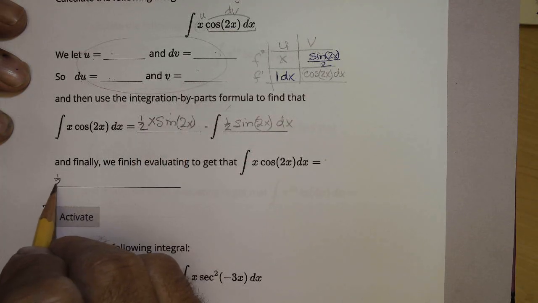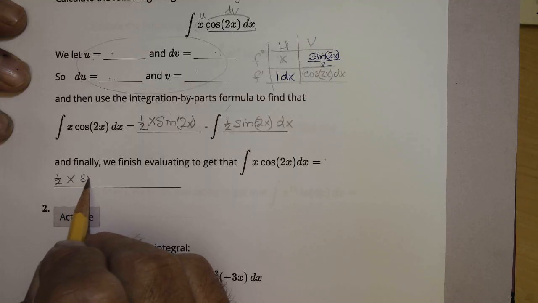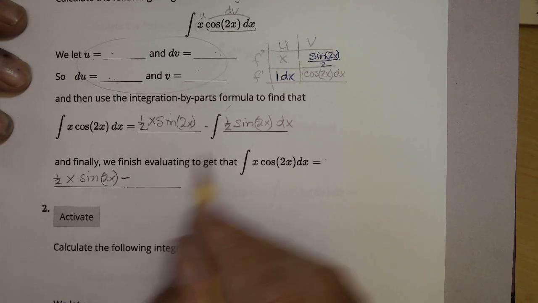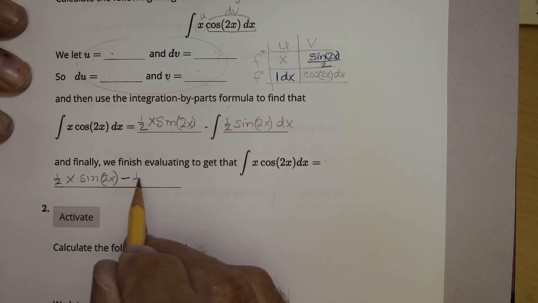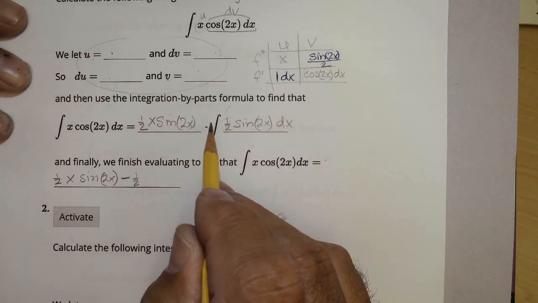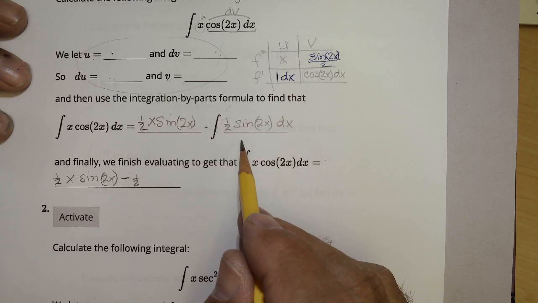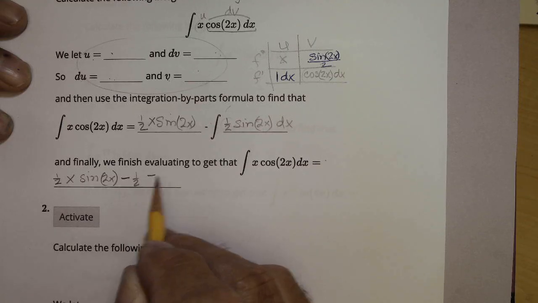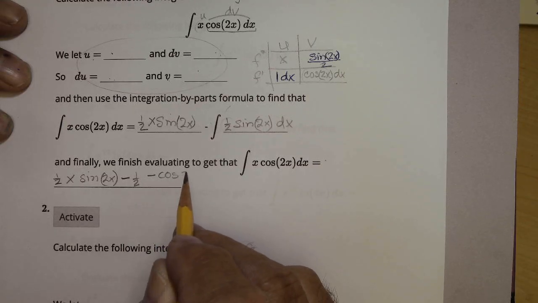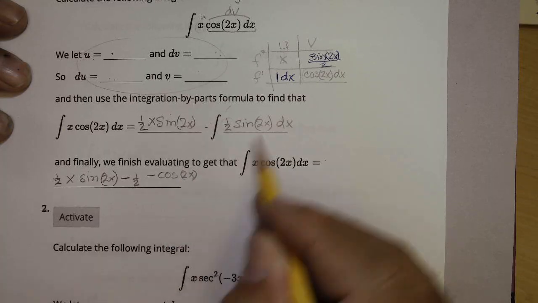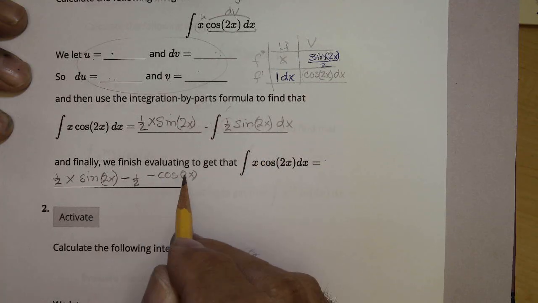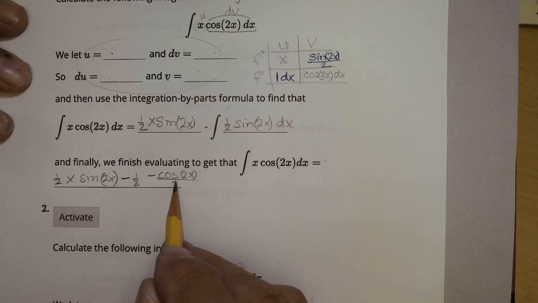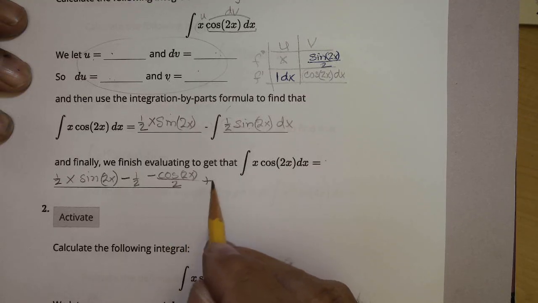We get 1/2 x sine of 2x minus, we're going to get a 1/2 that pulls out, and the antiderivative of sine of 2x is going to be, see, we'd have to take the derivative of negative cosine 2x to get sine, but then it would be times the derivative of the inside, which would be times a 2, but there isn't a 2, so I'd have to put another 2 there, plus c.